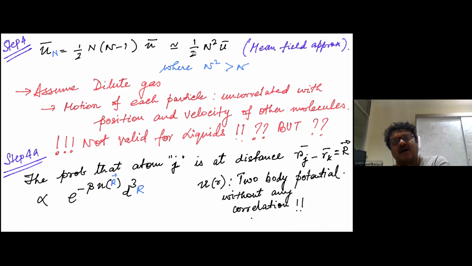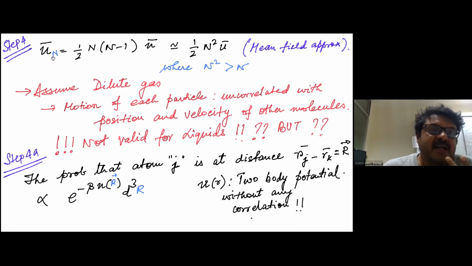So this becomes half N squared u bar, where this u bar is the energy of interaction between two particles. If this is a function of beta, this is also a function of beta. Here you have an N subscript to remind you that this is the N particle average energy, whereas this is the average interaction energy between just a pair of particles.